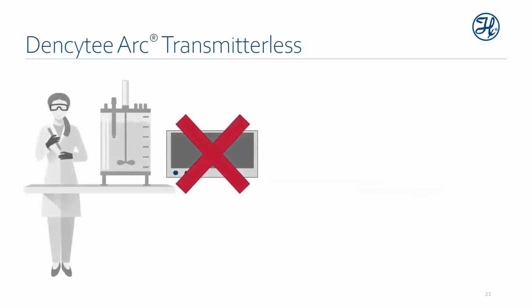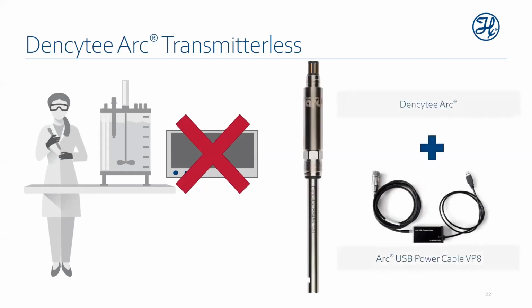Now, what do I mean by ARC profile or ARC portfolio? Hamilton takes the stance of you don't need a transmitter in order to get an effective measurement. And so we built our ARC platform around the idea of transmitterless technology. And what that means is when you look at a Dencytee Arc sensor and you want to make a TCD measurement, you don't need a sensor paired to a transmitter, paired to an output card, paired to something else in order to get a measurement signal.